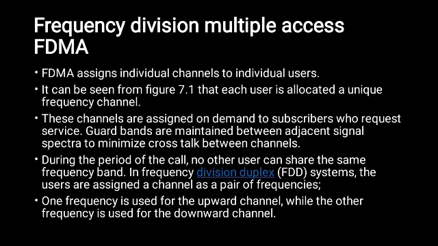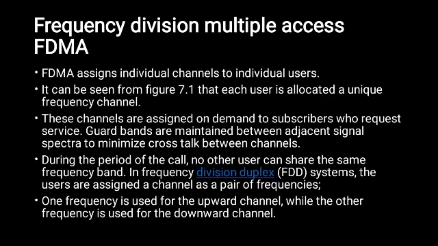Similarly, for time division multiple access, each user is allotted different time slots, and in that time slot they fully utilize the entire bandwidth. They can be allocated different time slots for transmission and reception, or different frequency slots for transmission and reception.